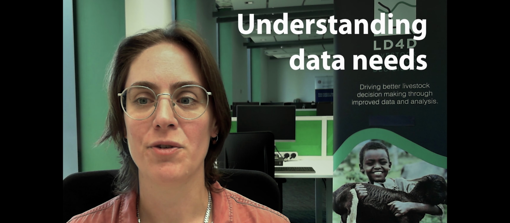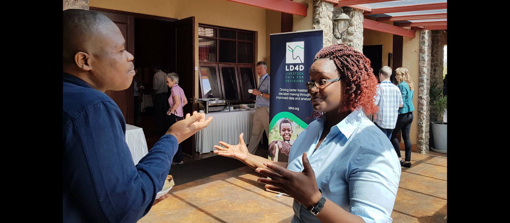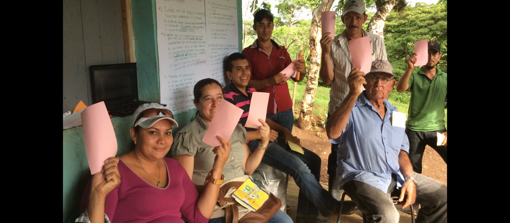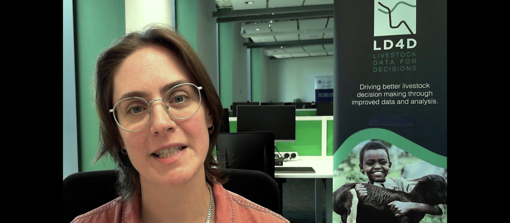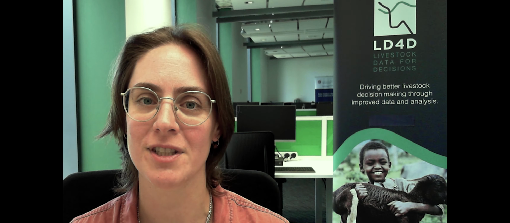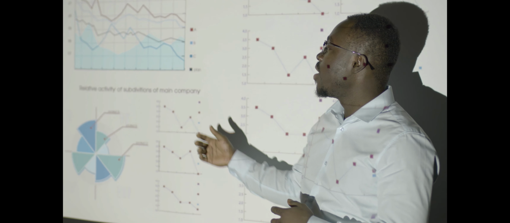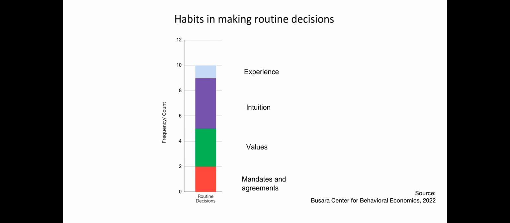Phase 2 guides you through 5 steps to help you understand the data needs of your selected decision makers. This will involve speaking to different kinds of decision makers and other key informants who have practical insights on how data is used. We highlight some approaches for running qualitative interviews to help you make the most of these conversations. Through this process, you can learn which data sources are seen as valuable for different kinds of decisions, as well as the habits that influence people's decision-making.